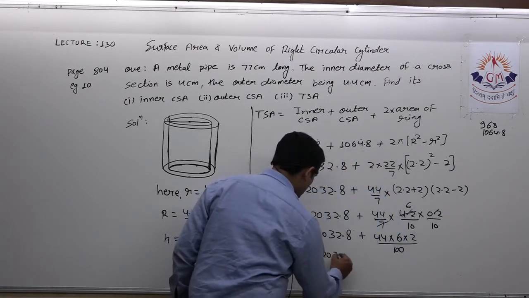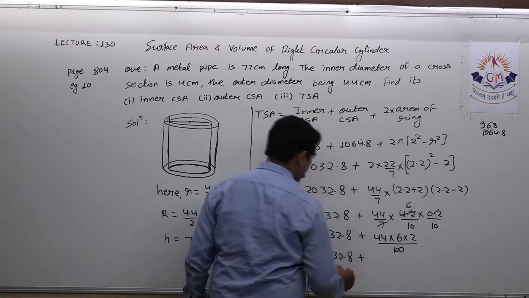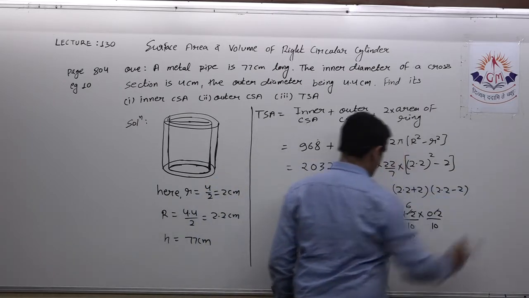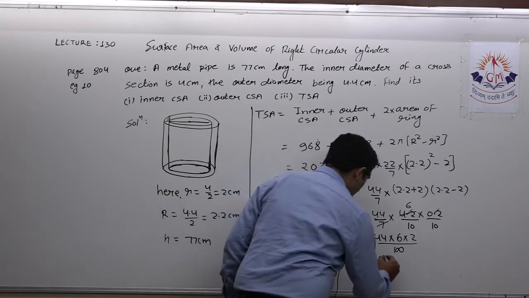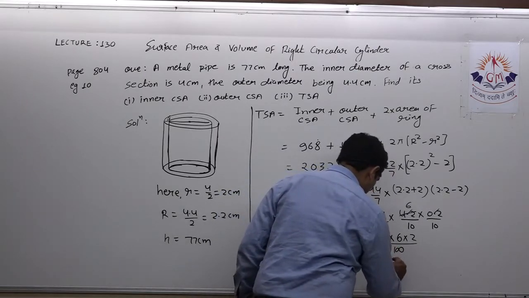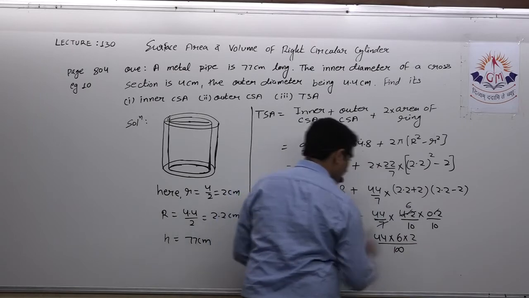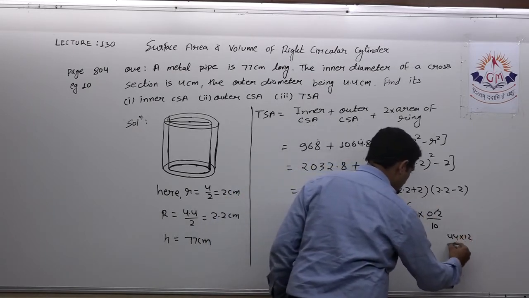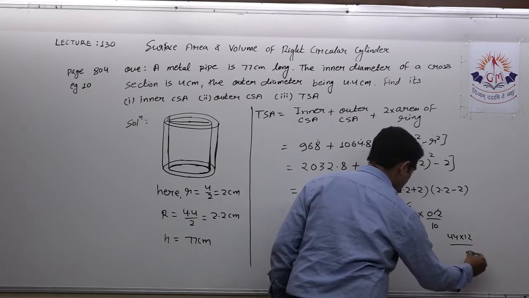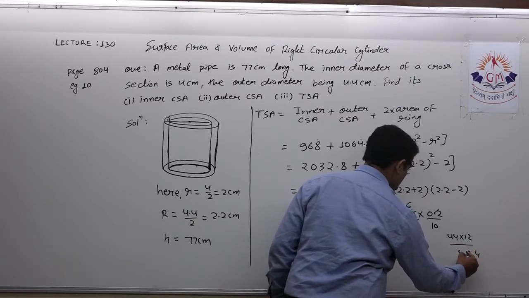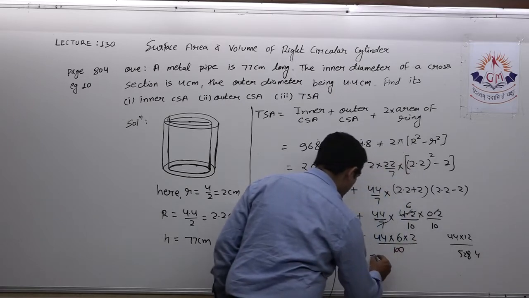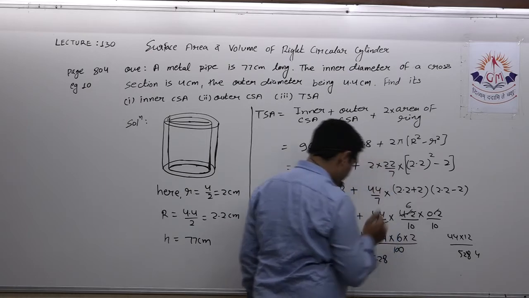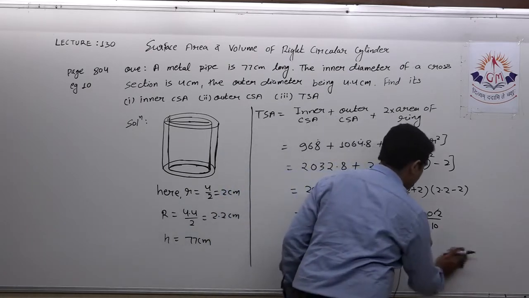So 2032.8 plus, here it will be 44 into 12. 44 into 12 gives you 5.28.